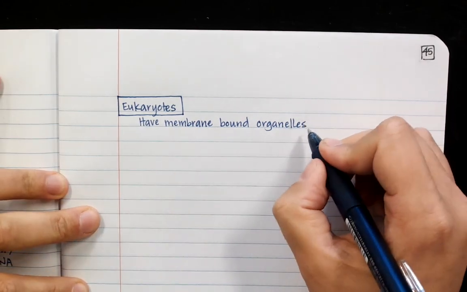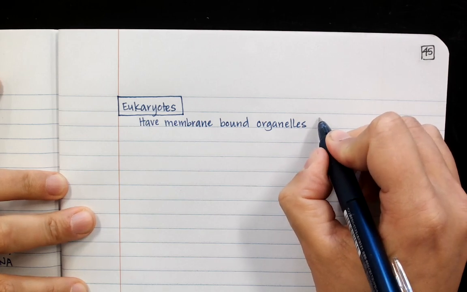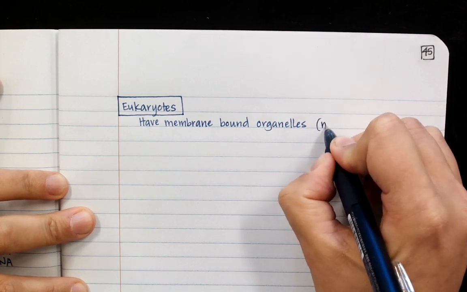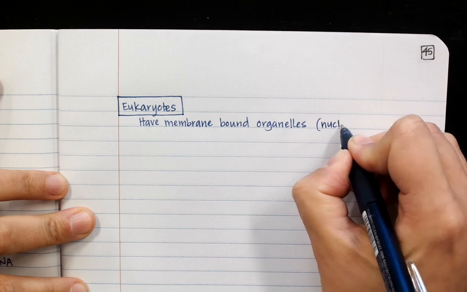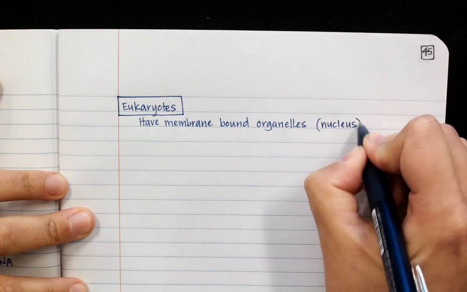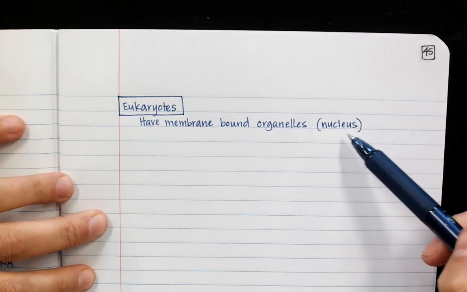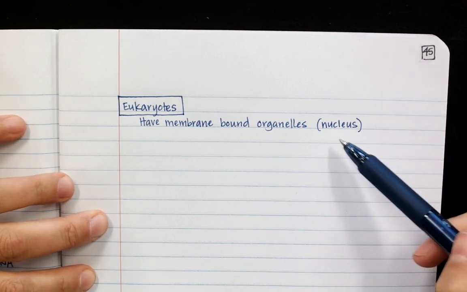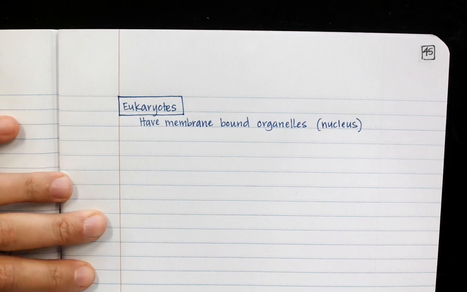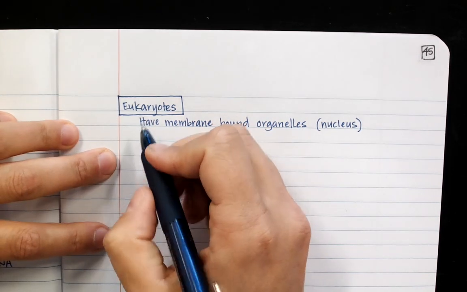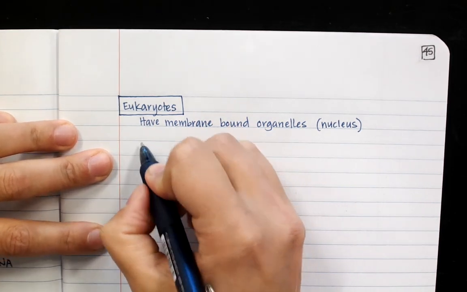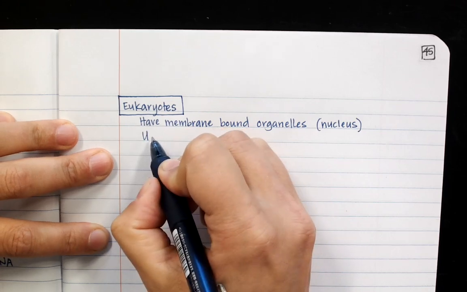So they have organelles that are surrounded by a membrane. In particular, they have a nucleus. So the nucleus is the thing that we are often able to see under our school microscopes that would immediately let us know that we're looking at a eukaryote and not a prokaryote. Eukaryotes are fancy. They can be unicellular or multicellular.